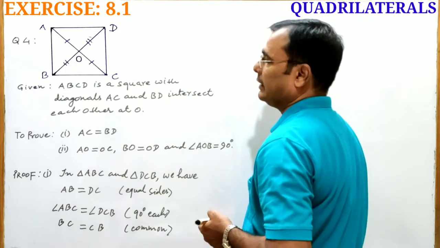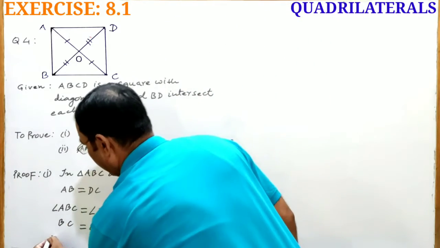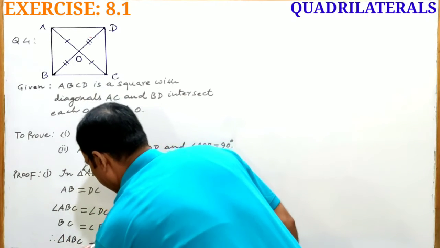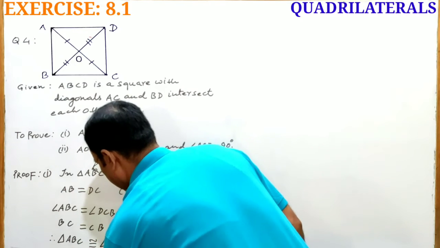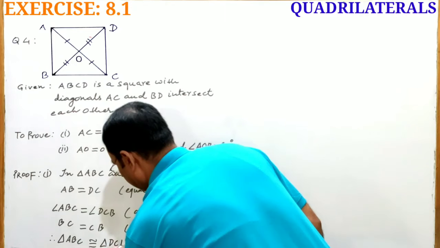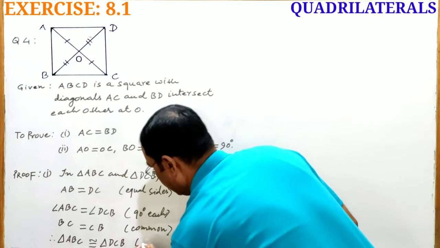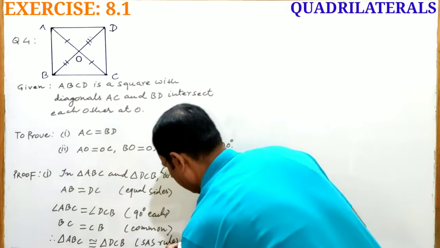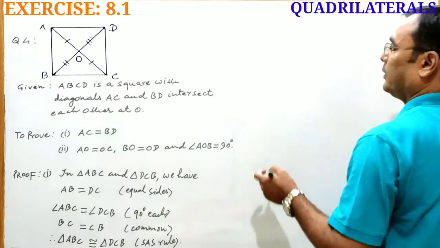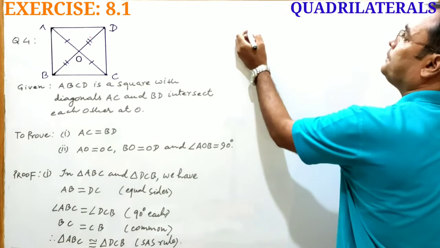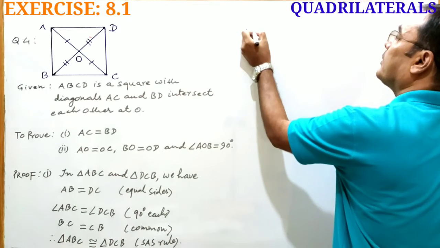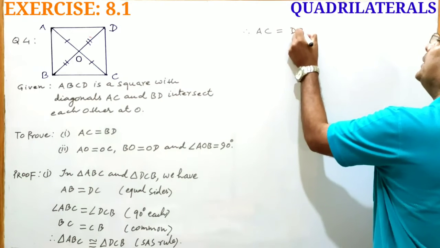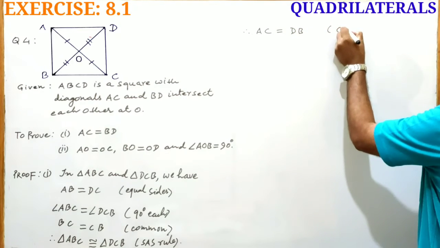and therefore triangle ABC is congruent to triangle DCB by side angle side rule. Therefore AC is equal to DB by CPCT.